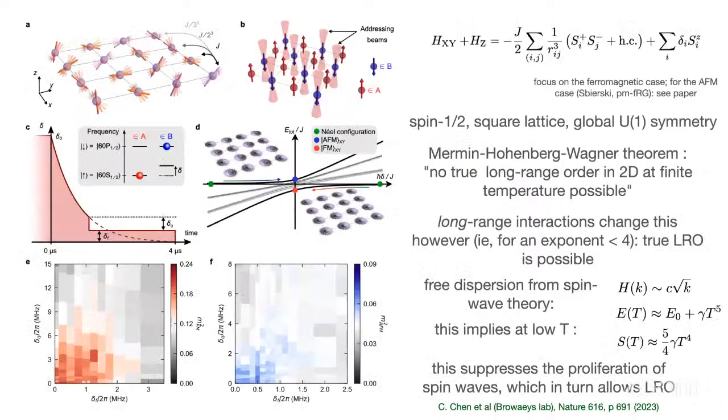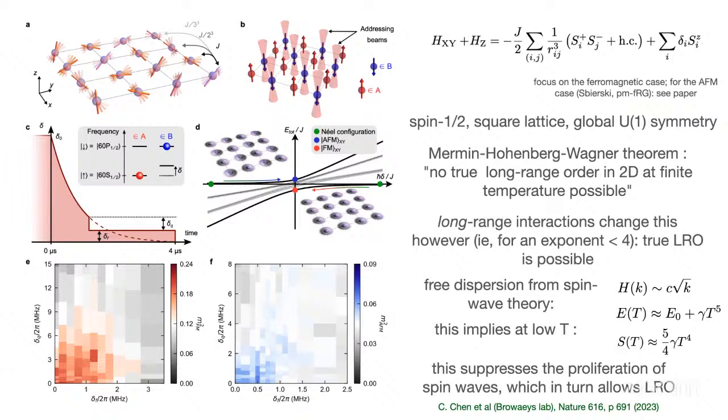So the experiment that we analyzed went as follows. The Hamiltonian is shown here on the right on top for completeness. You have an S plus S minus U(1) XY interaction with 1 over R cubed, so it's dipolar. Let's look at the ferromagnetic case, minus J over 2.